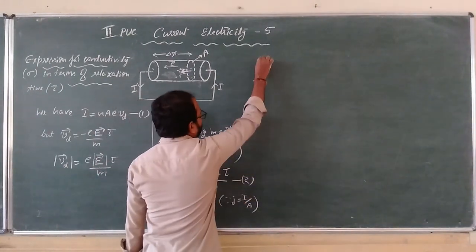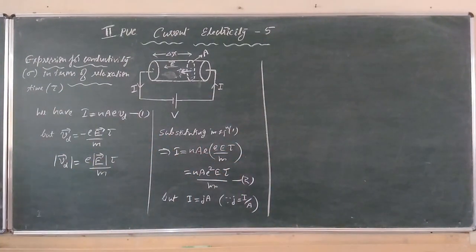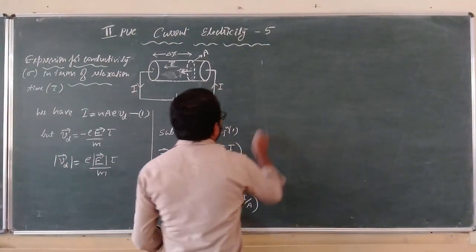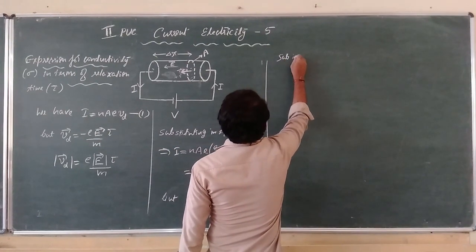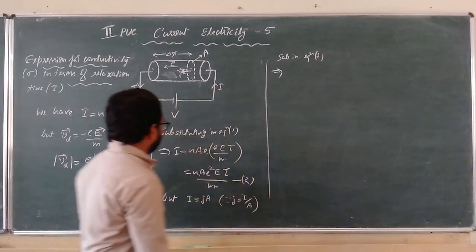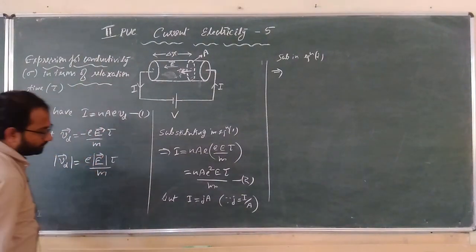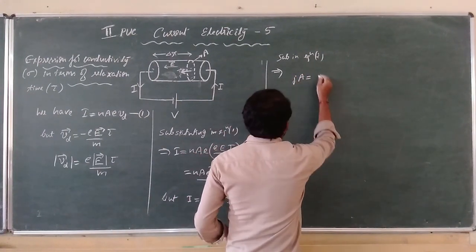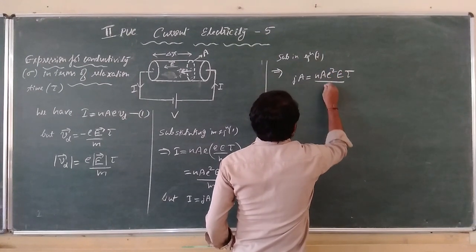Substituting in equation 2, I is equal to J into A. Therefore J into A is equal to n A e square E tau by m.